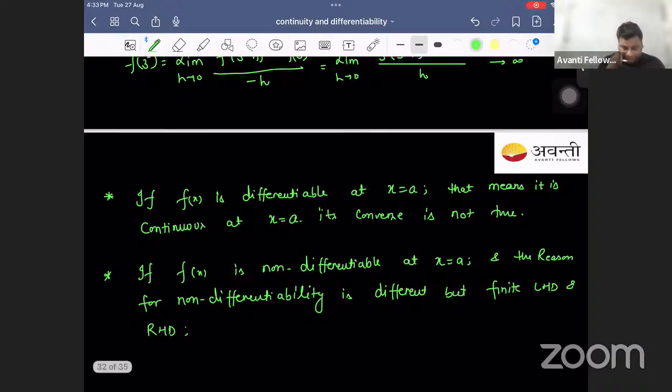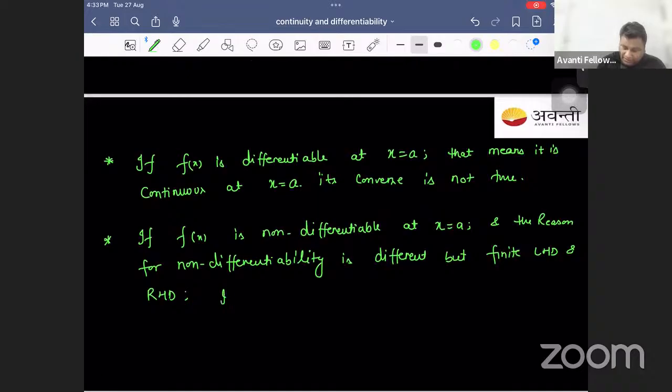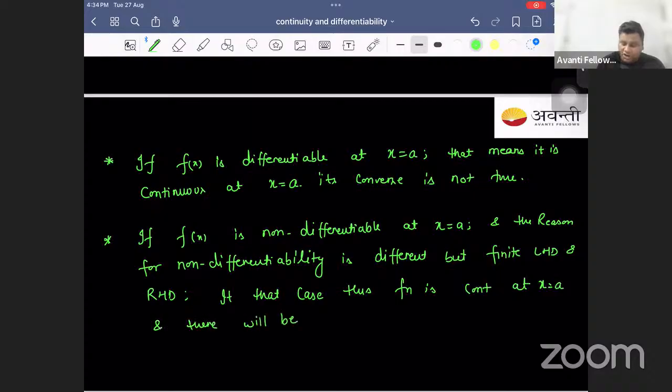In that case, this function is continuous at x equals a, and there will be a sharp edge at this point. And if there is a sharp edge, that means it is non-differentiable. Got it?